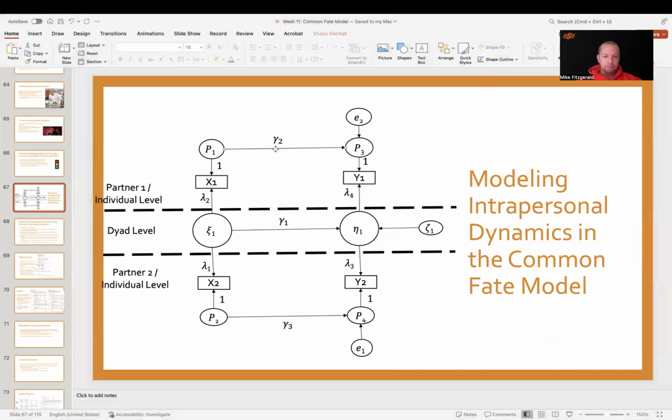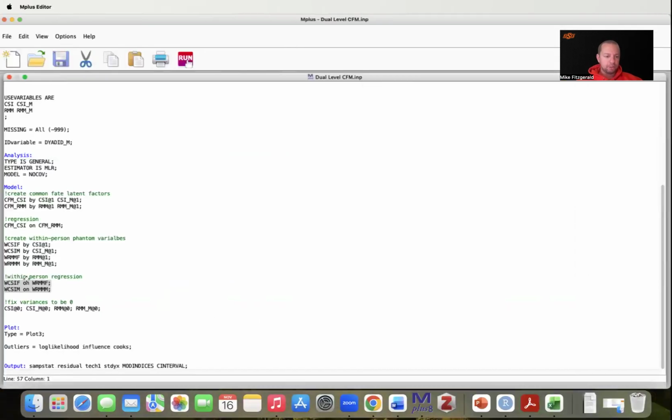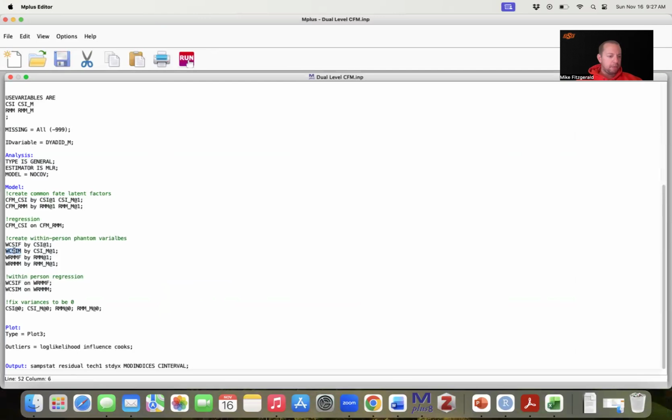We'll say this is the female, so that'll be gamma 2, and then the male will be gamma 3. The within variables are these P's in the diagram. So this would be P1, this would be P2, this would be P3, and this would be P4.